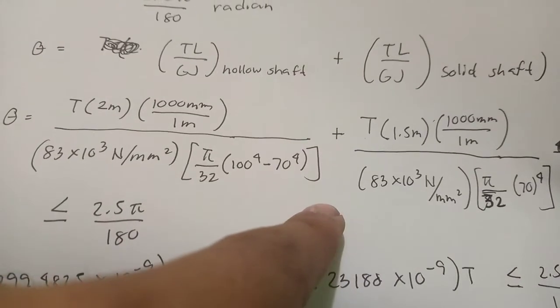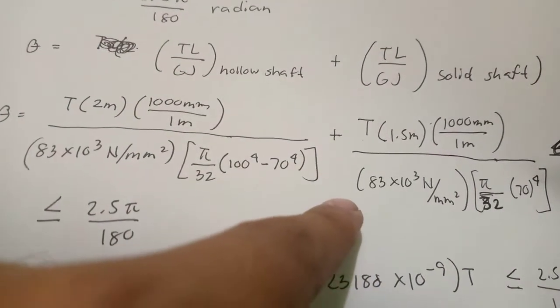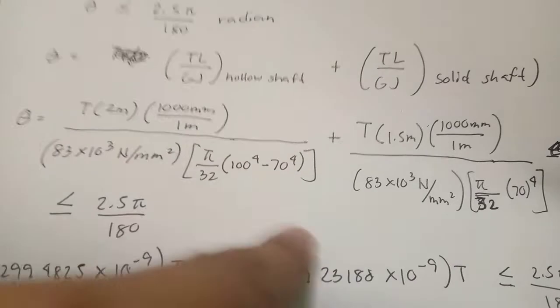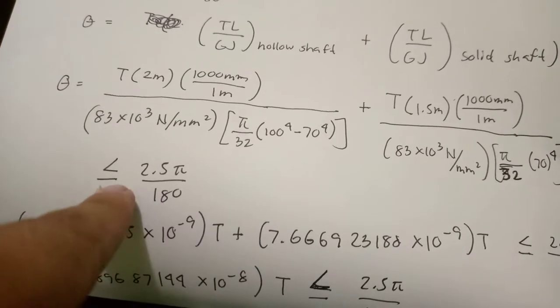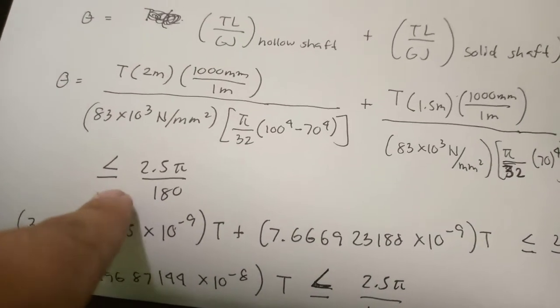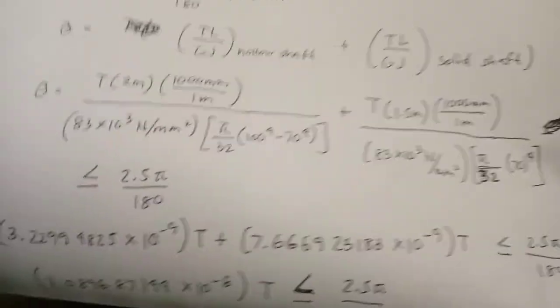We substitute all the values, and then we equate it to 2.5 pi over 180. I use an inequality, less than or equal to 2.5 pi over 180.